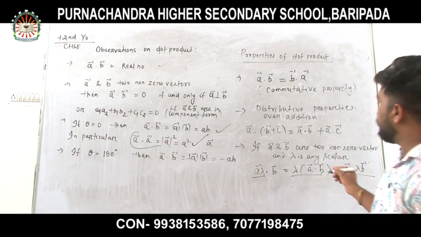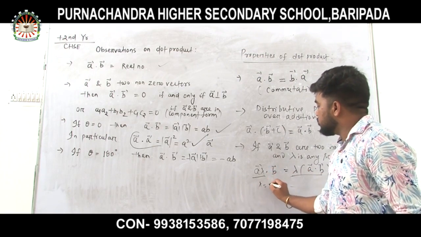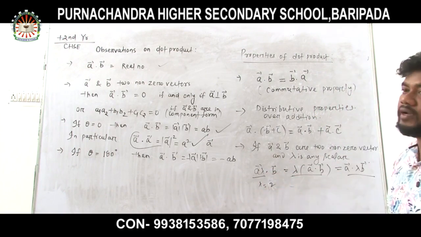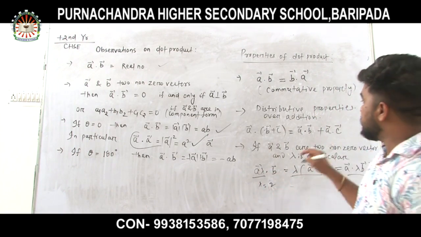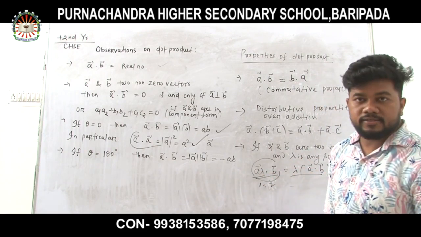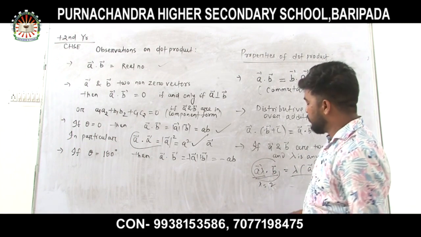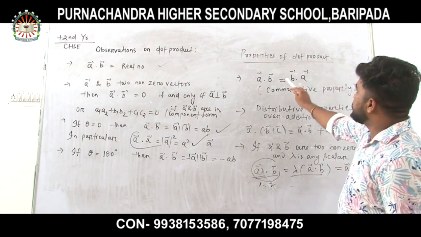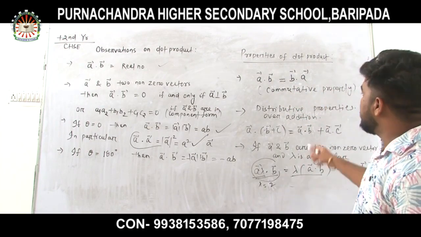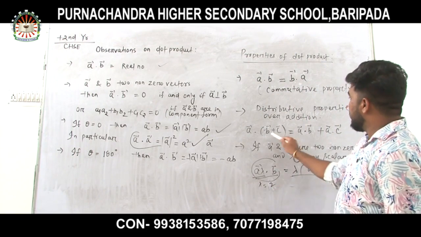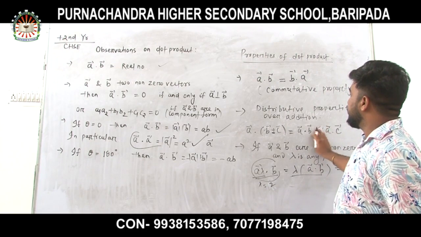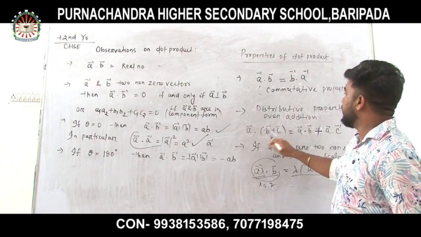If you want to prove it, take a lambda value, any number, 2, 3, 4, and mention every vector, then check these values, and all are the same. These are the three important properties of dot product. First is the commutative property, A dot B equal to B dot A, and the distributive property over addition or subtraction.